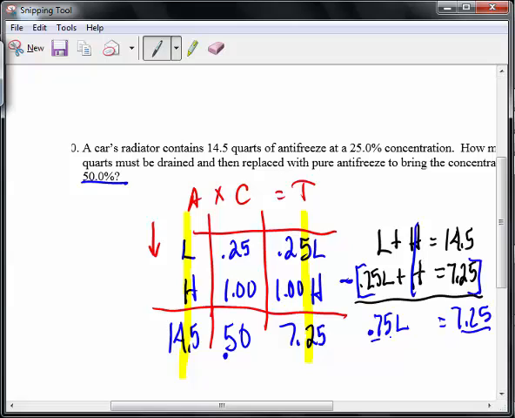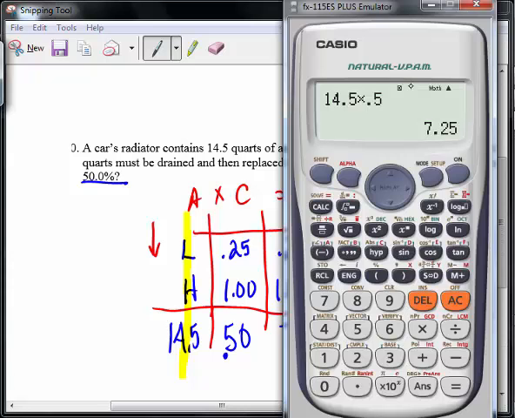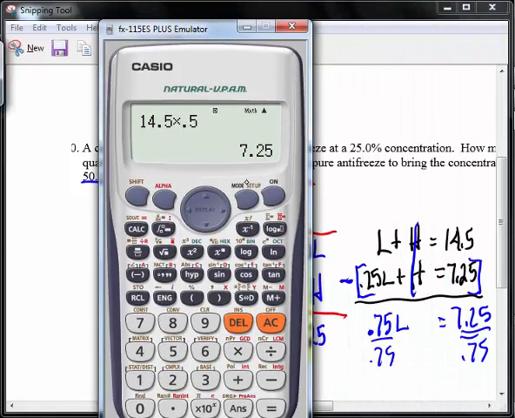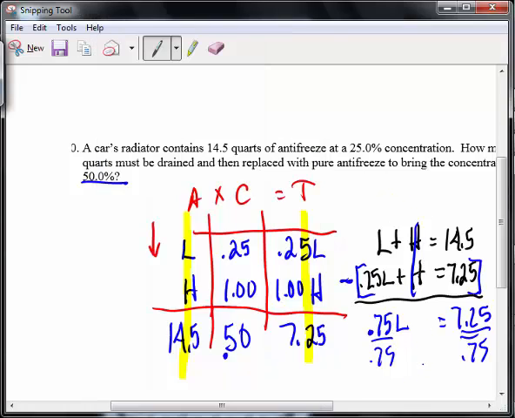Divide both sides by 0.75, and we get 7.25 divided by 0.75 is 9 2/3. So our low is 9 2/3. Our high is 14.5.